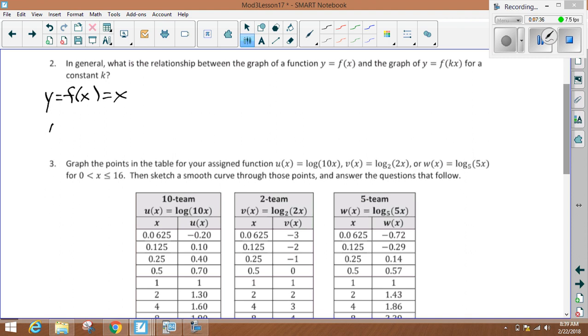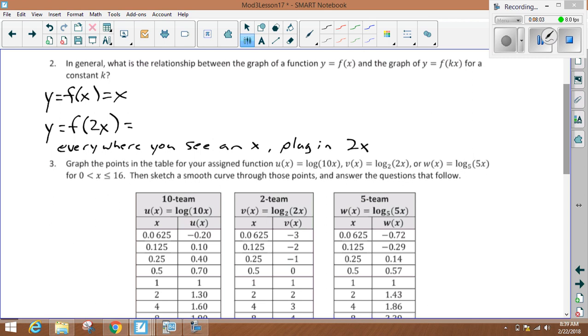Well then, what if I had y equals f of 2x? What does that mean? This means that everywhere you see an x, plug in or substitute 2x, right?